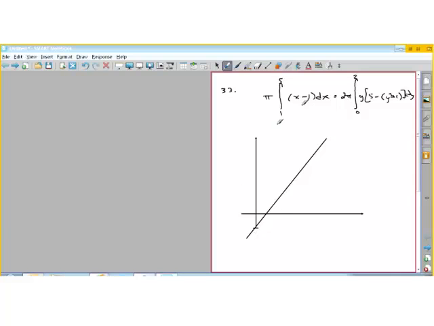That's if we took y equals x minus 1, that's this curve. Well actually, if this were using the disk method, this would be r of x squared. So actually that's not correct. Let's fix that.